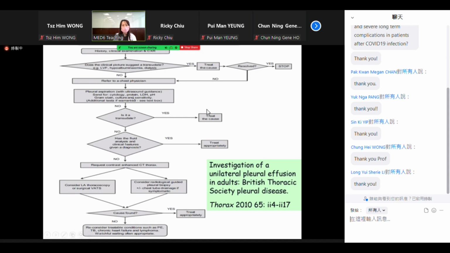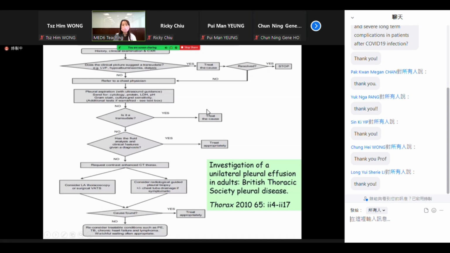When we stick a needle in and aspirate, we have to know whether this is normal pleural fluid, blood, or pus, and we will treat accordingly. During the pleural aspiration, we will send the pleural fluid for protein and LDH for Light's criteria, cytology for malignant cells, and a pH, especially if empyema or infection in the pleural space is suspected.